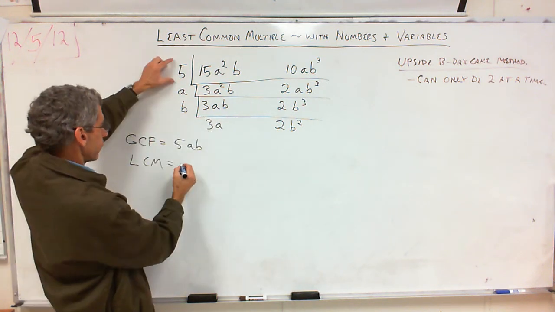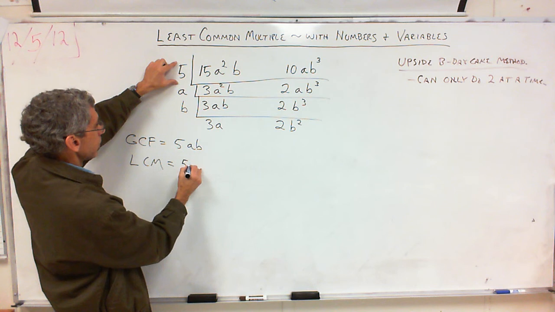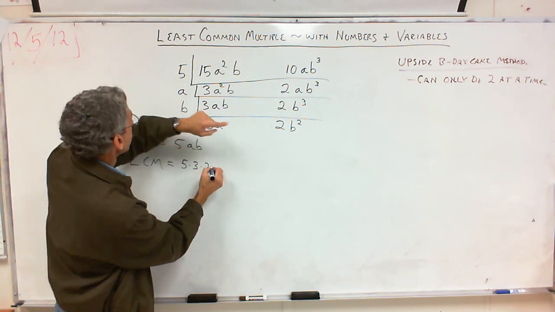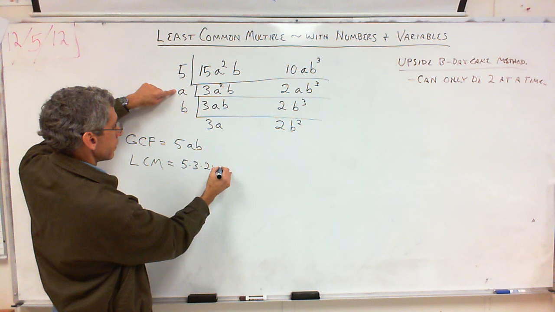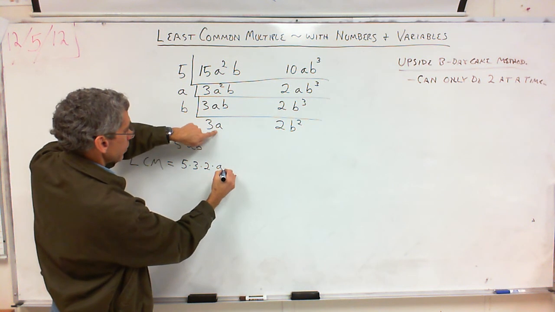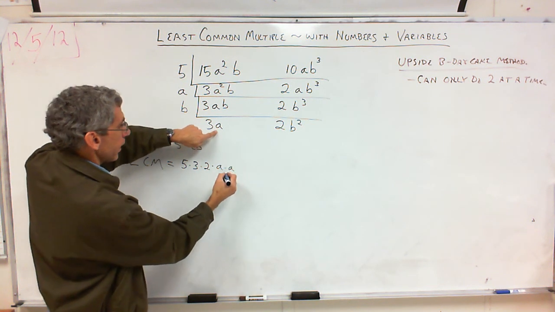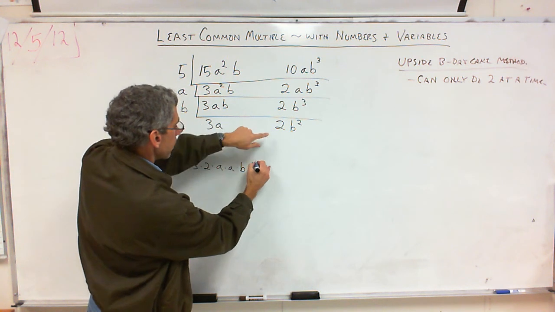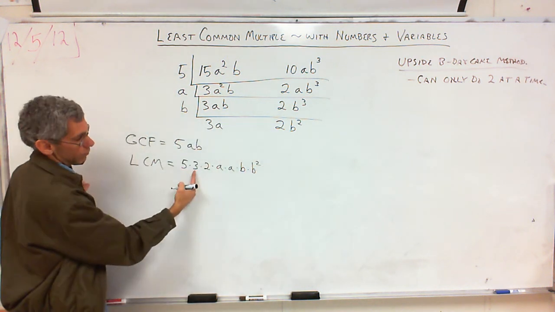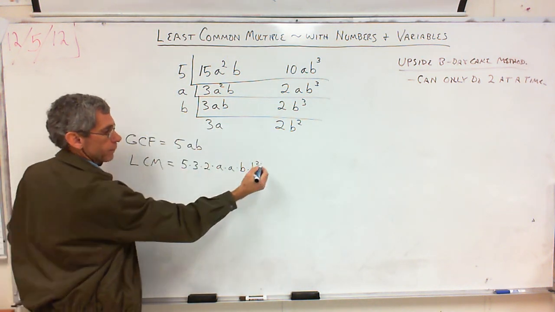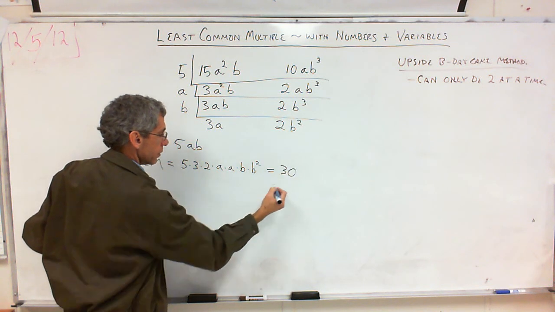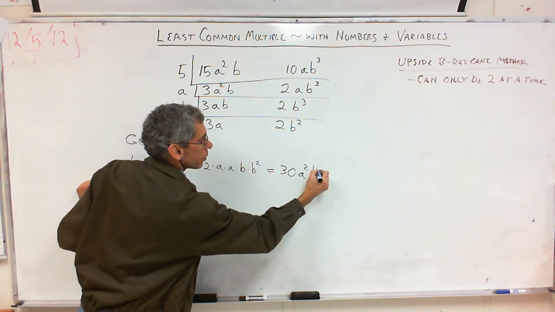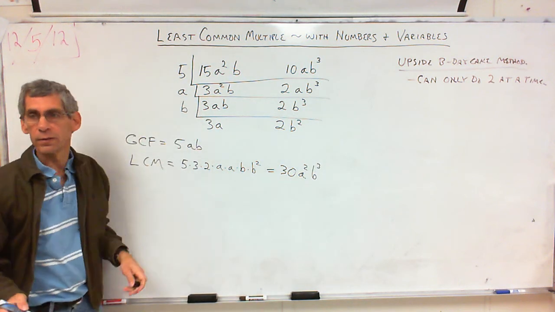So I'm going to do the numbers first: 5 times 3 times 2. And then A times A times B squared. So 5 times 3 is 15, times 2 is 30. So it gives me 30 A squared B cubed. And I think that's what we got before, isn't it? Yeah.